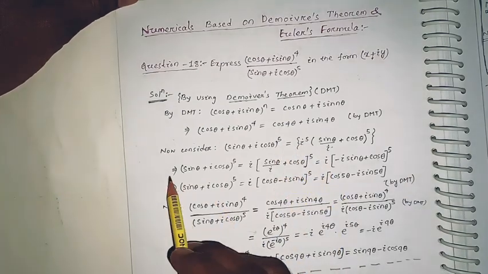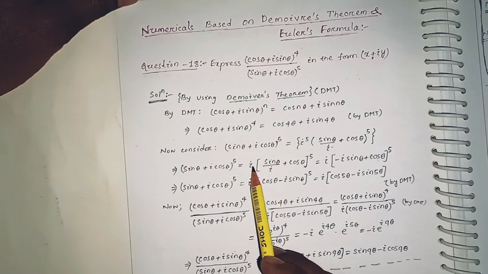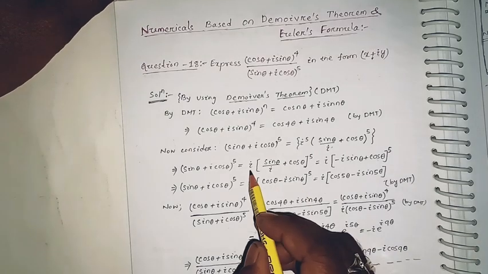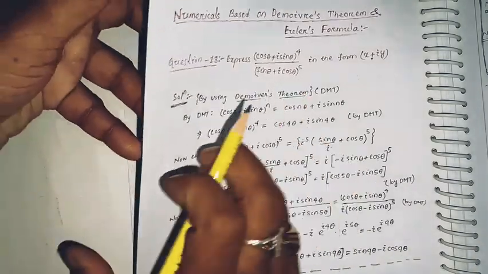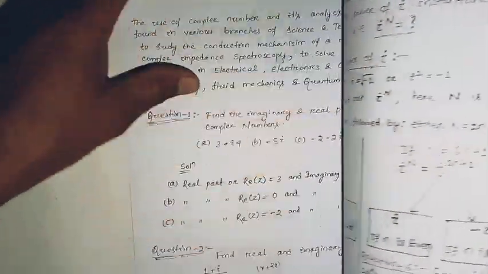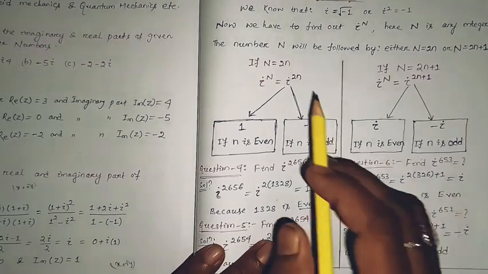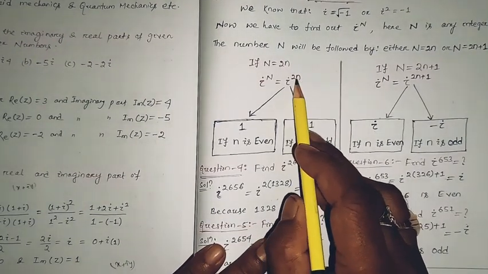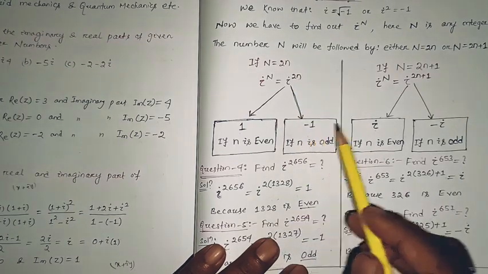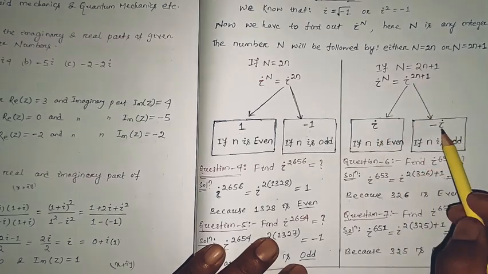Sin theta plus i cos theta to the power 5 will be equal to i to the power 5 times that bracket. As we discussed in our first lecture, the nth power of i: if it is i to the power 2n, then it is 1 when n is even and minus 1 when n is odd. For the odd powers, if n is even it will be i, and if n is odd it will be minus i.